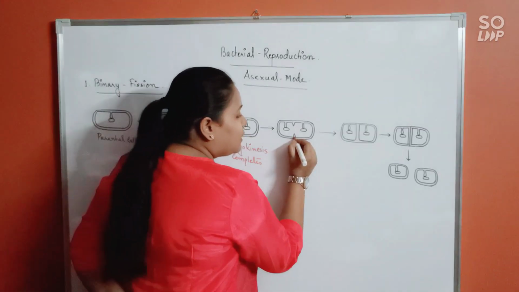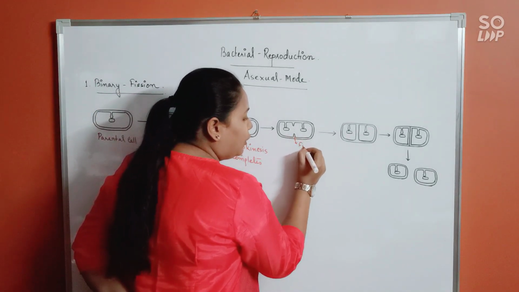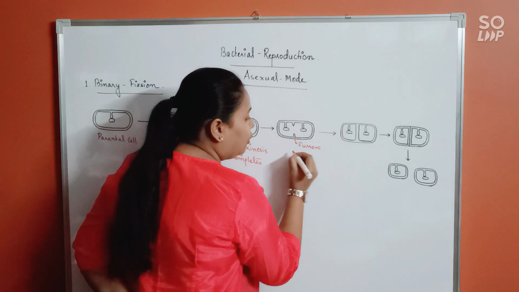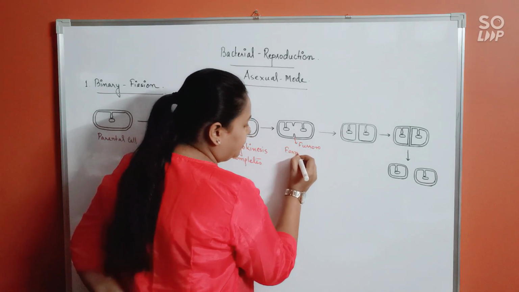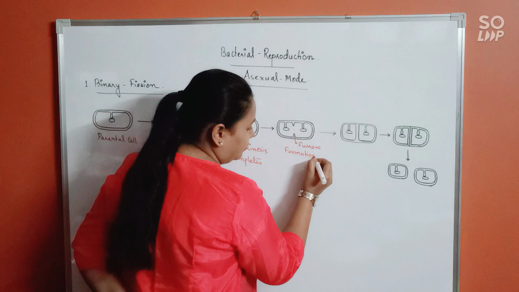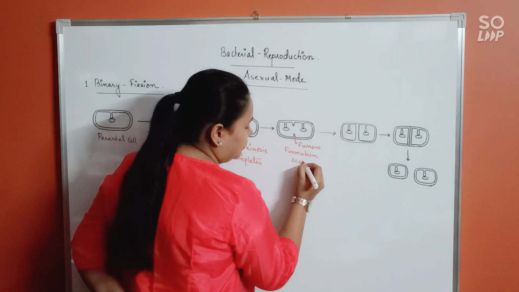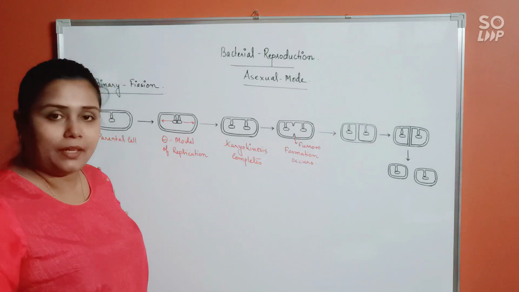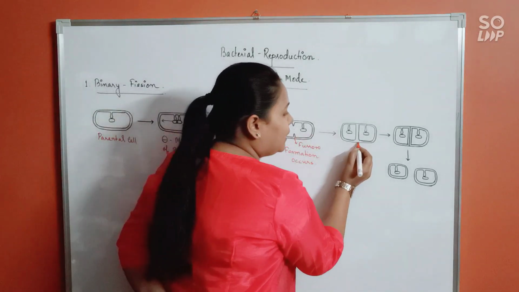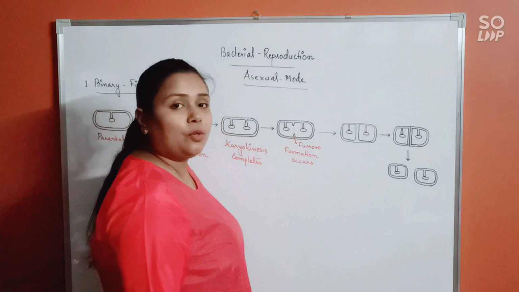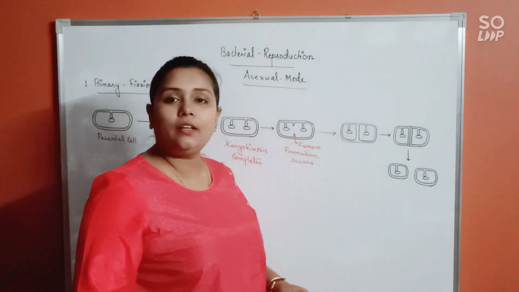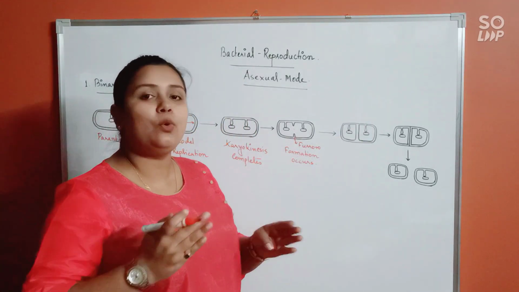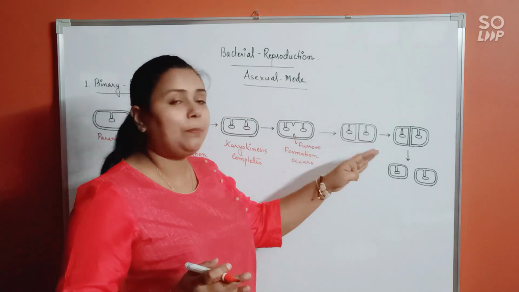So this is known as a furrow. So furrow formation occurs here. Alright, as the furrow starts to deepen, the cytoplasm, as you can see here, has separated. So the protoplasm between the two daughter cells has been equally divided and separated.